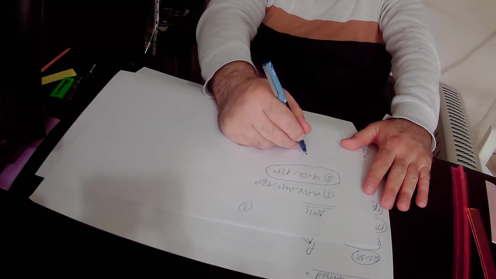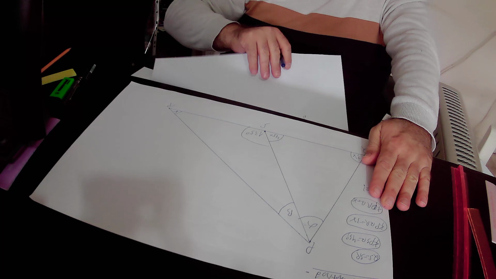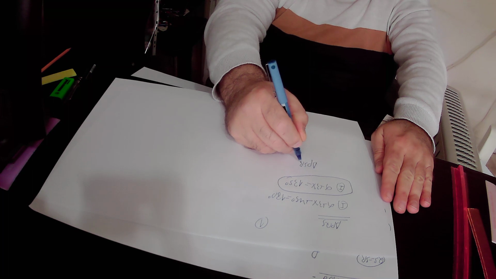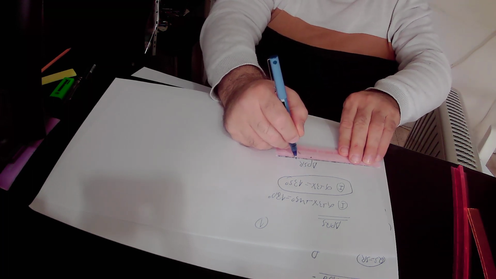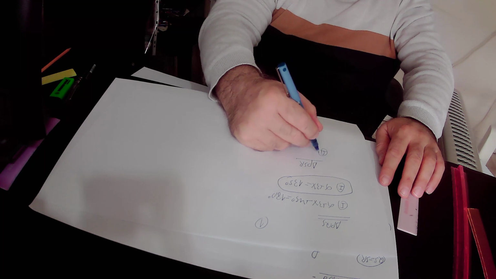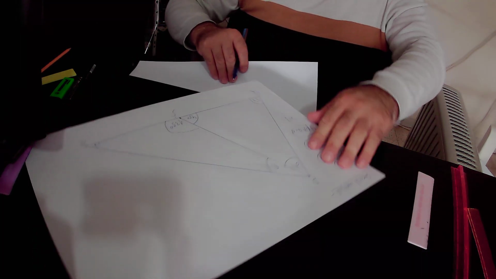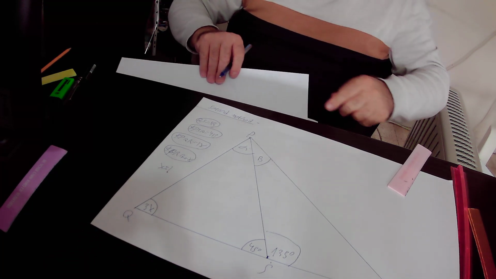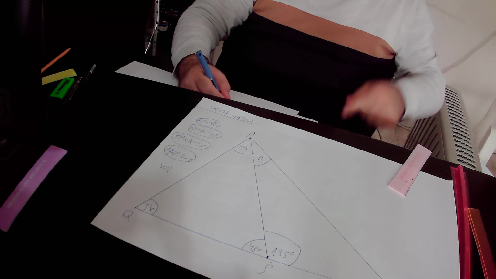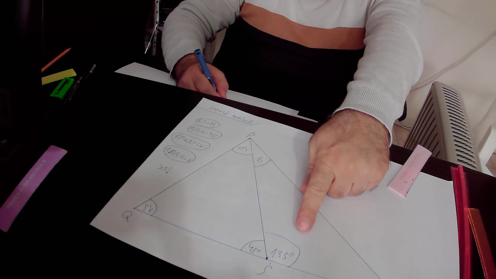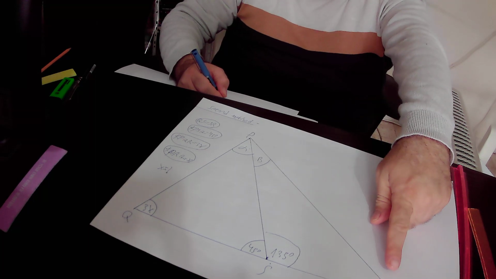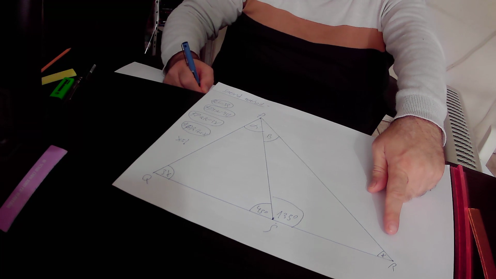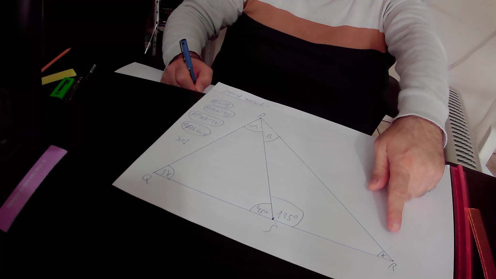We will focus on triangle PSR. In triangle PSR, the sum of the angles must be equal to 180 degrees. That is to say, angle beta plus this angle that is 135 degrees plus this angle that is actually angle x must be equal to 180 degrees. I'll repeat again.